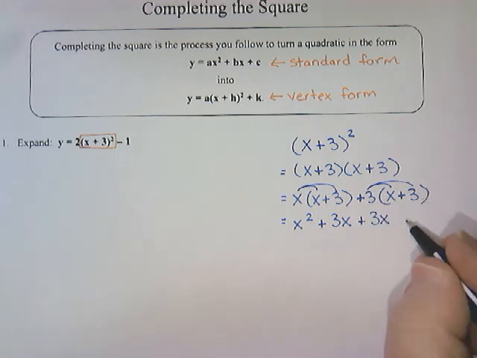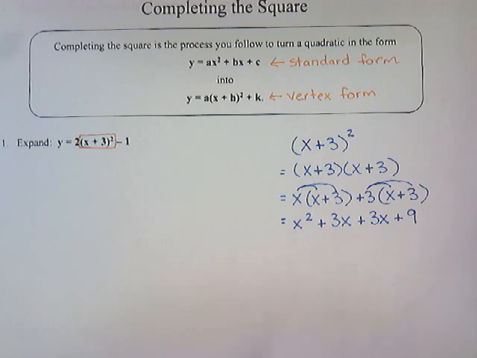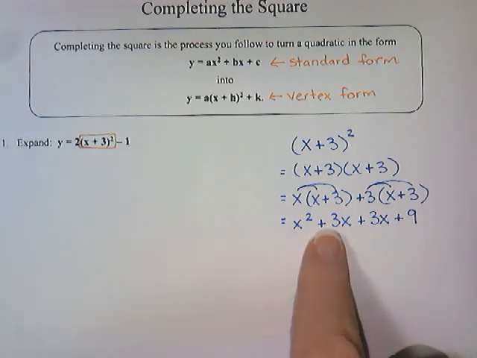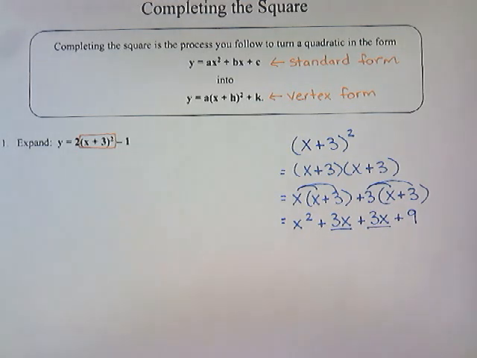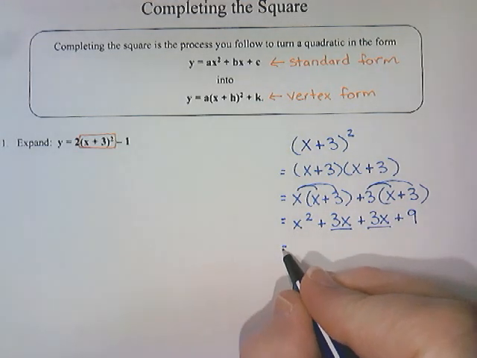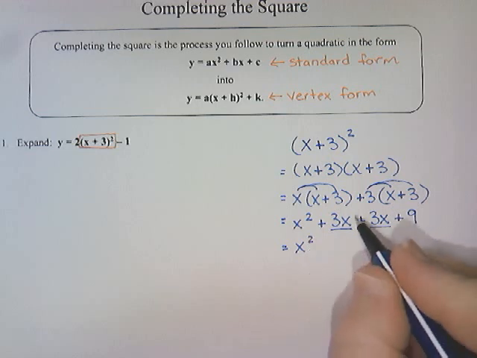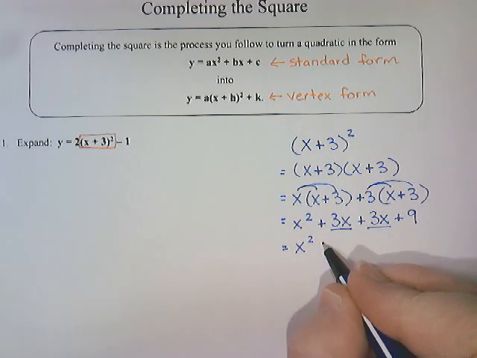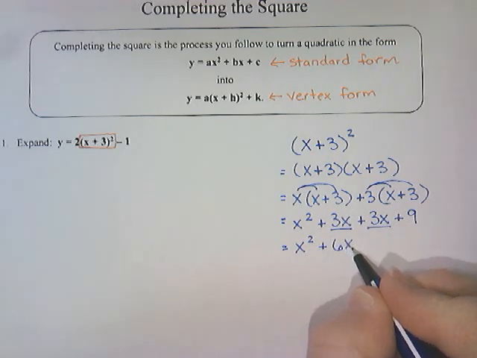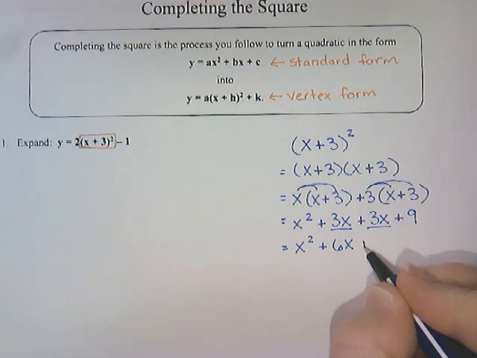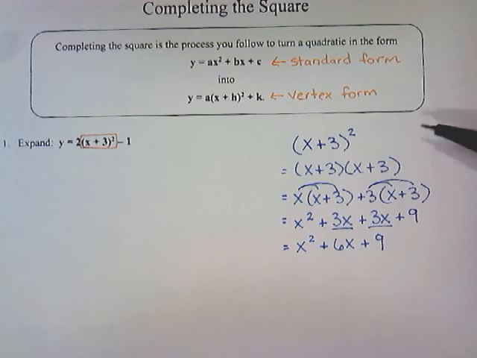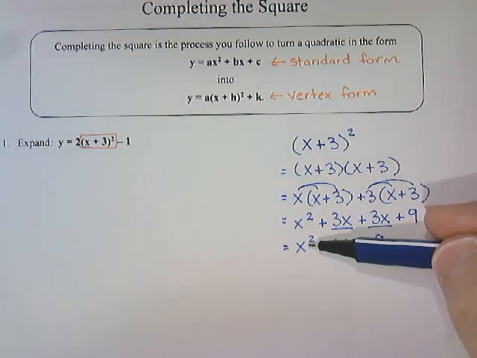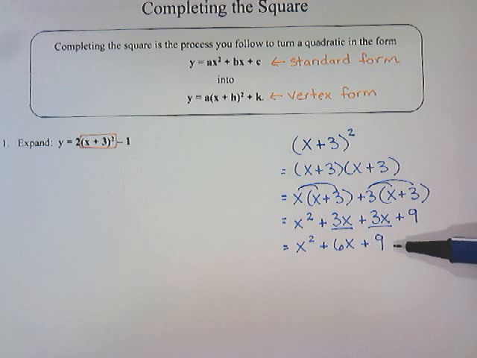And then 3 times 3 is 9. All right, I do see that we have some like terms in the middle. We have 3x and 3x. So the x squared does not have any like term friends. 3x plus 3x is 6x. And then the 9 is also the only one of its kind, so it just stays a 9. So x plus 3 squared is x squared plus 6x plus 9.